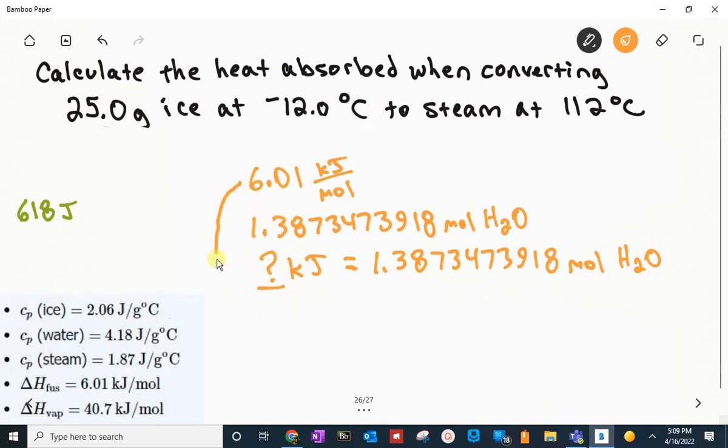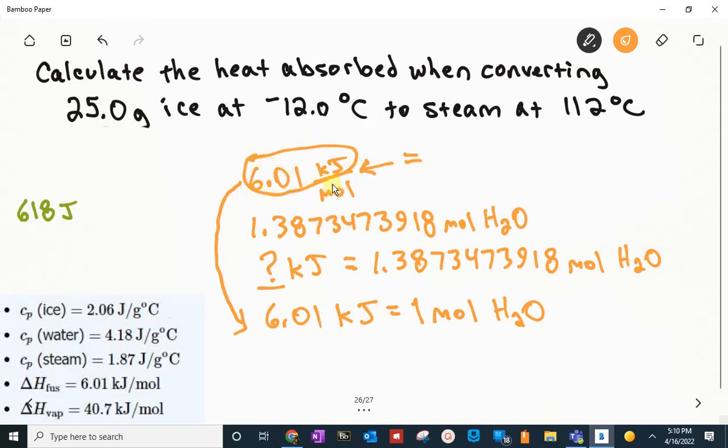We can take the 6.01 kilojoules and say it's going to equal 1 mole of the substance, because you can take this little fraction bar, kilojoules over mole, and change that into an equal sign. So we can say 6.01 kilojoules equals 1 mole of H2O.